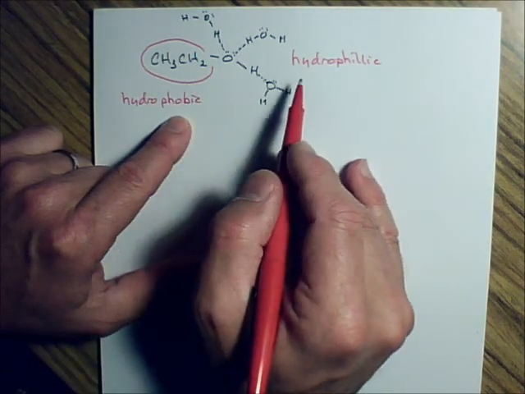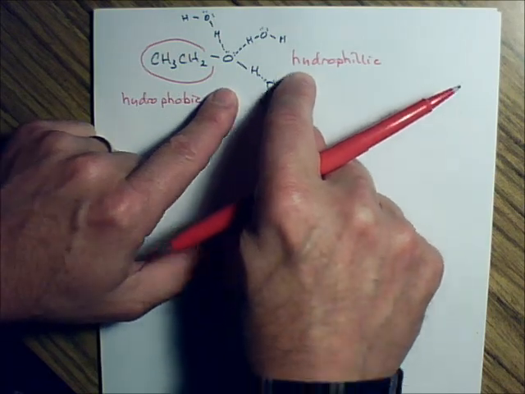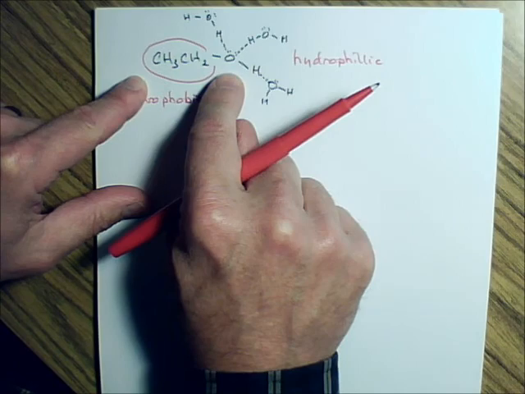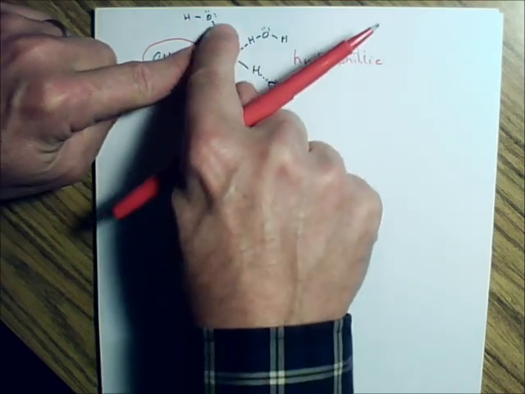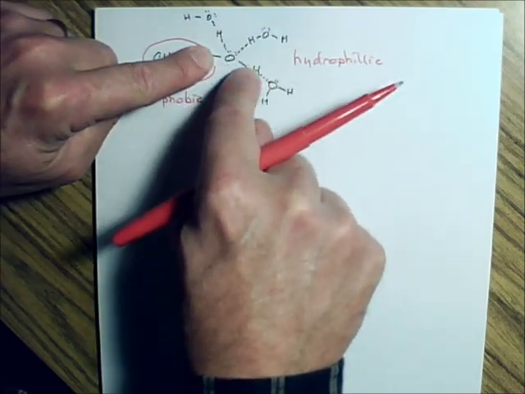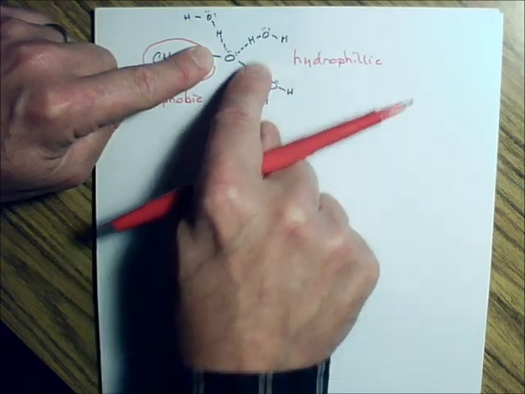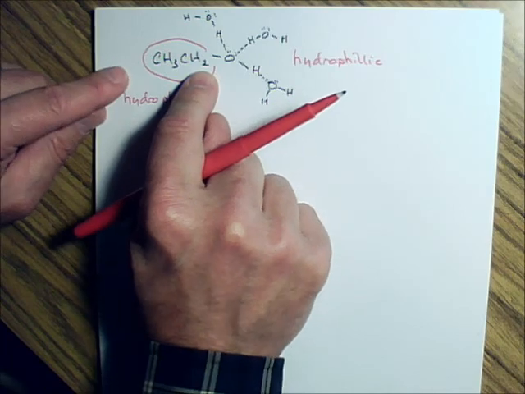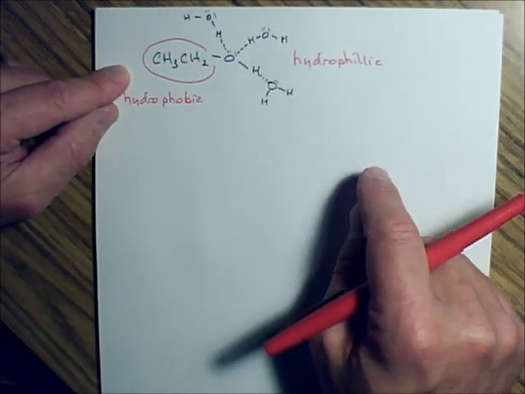So the ability of water to dissolve this alcohol is a balance between the amount of attraction there is between the water molecules and this end of the molecule, and the opposite effect going on at this end, which doesn't want to dissolve in the water.